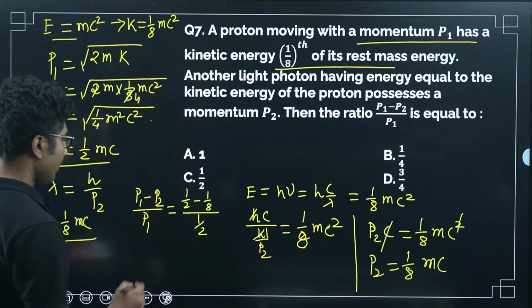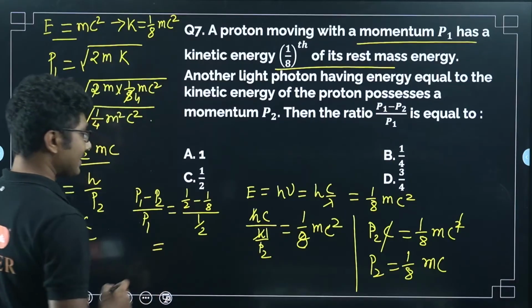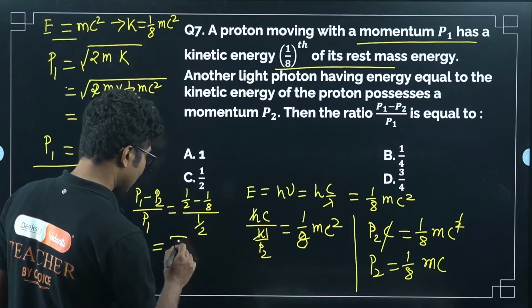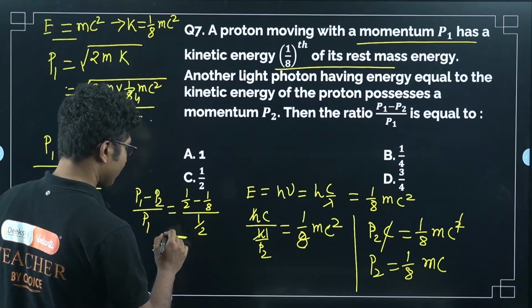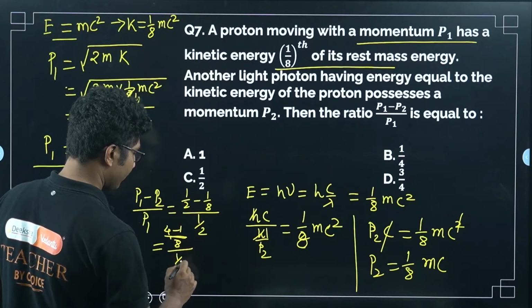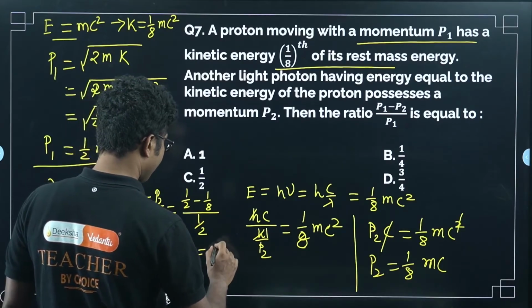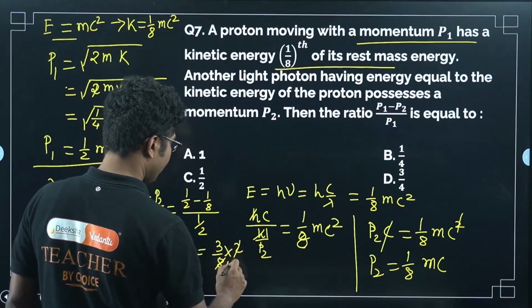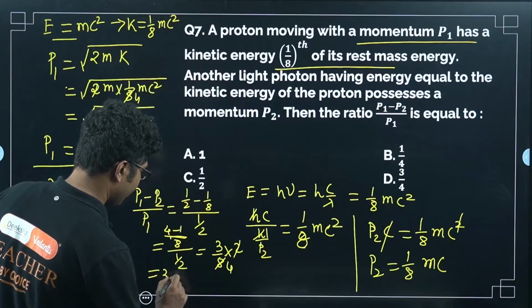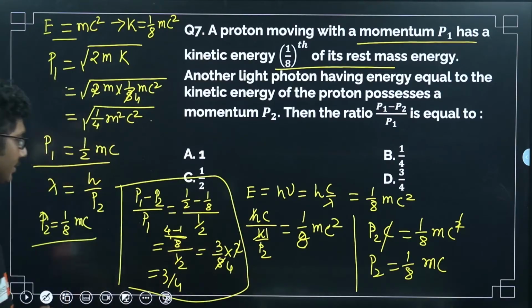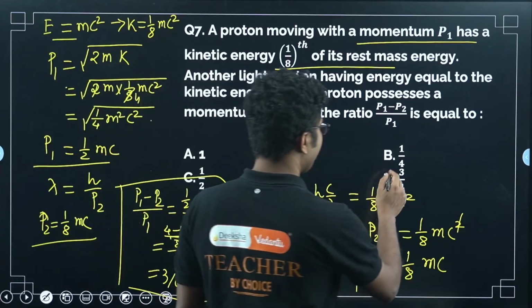What is half minus 1 by 8? LCM will be 8, so it will be 4 minus 1 divided by half. So it will become 3 by 8 times 2, so it will be 3 by 4. So this is the final calculation. So the correct answer is 3 by 4.